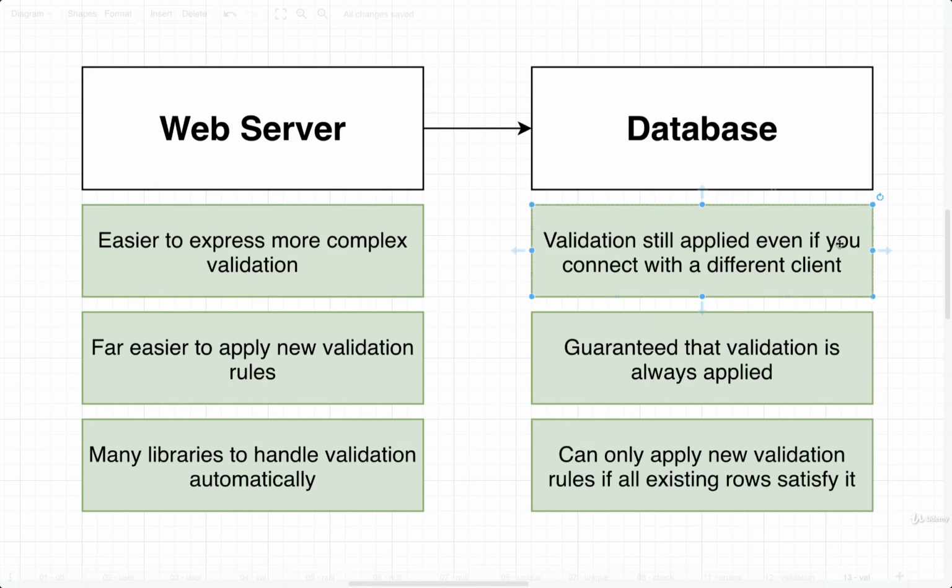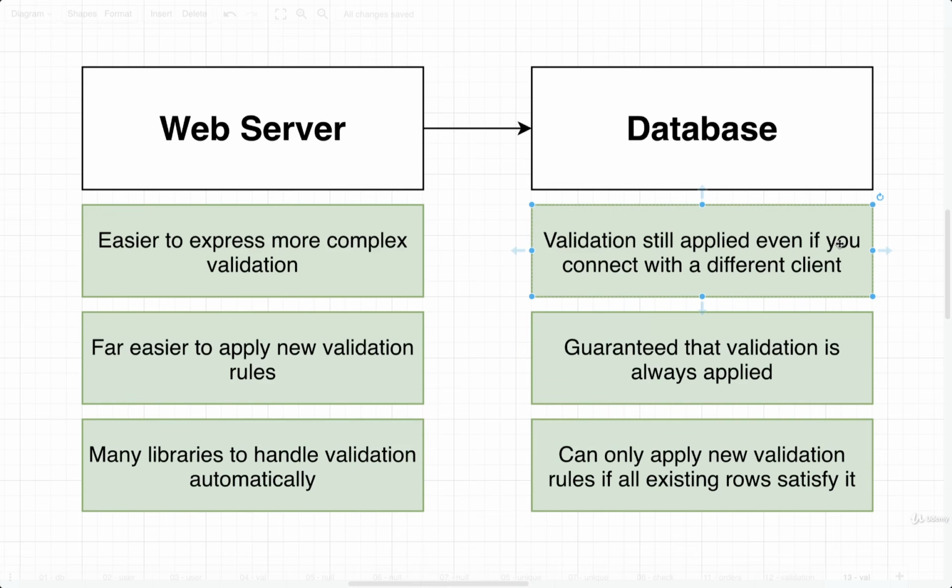Most notably, you can take your database and connect to it from some other client, so for example, from pgAdmin or from your web server or from whatever other resource, and you can start adding data into your database. And any data that you add in from any source is always going to have validation applied to it, which is really fantastic. It means that someone cannot connect directly to our database and start to add in a product with a negative price.